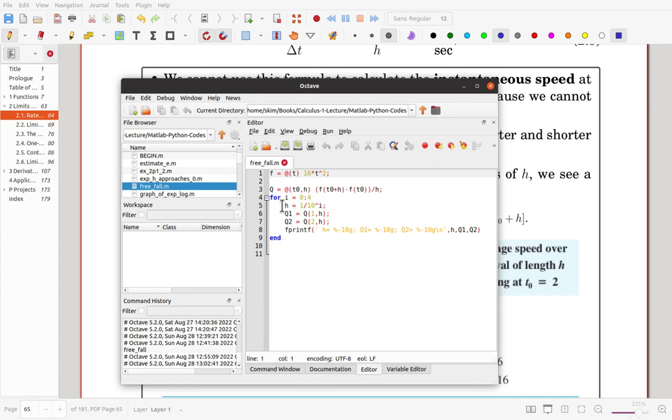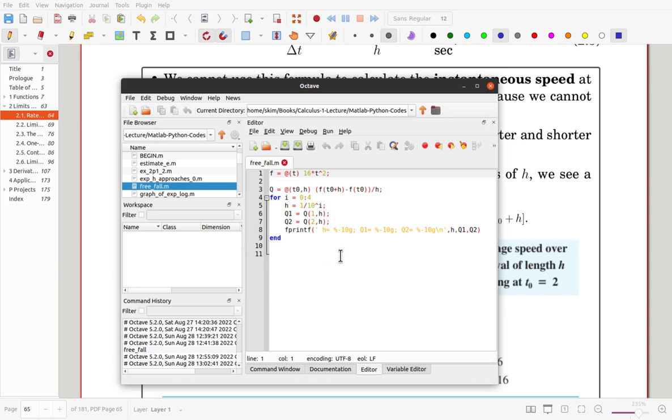Here i is moving from 0 to 4, h is defined to be 1 over 10 to the i, and q1 is the quotient at 1, and q2 is the quotient at 2 for the given h.